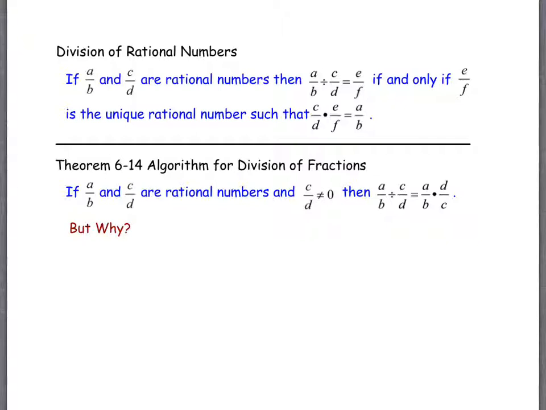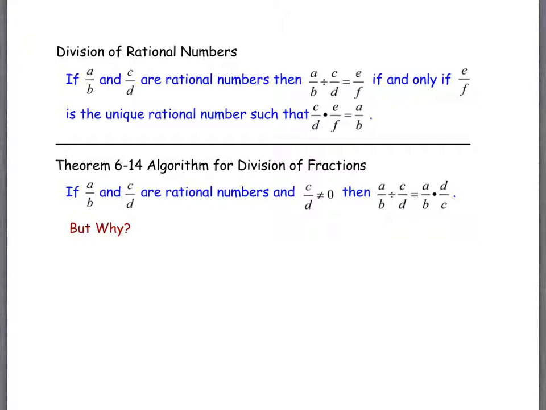Multiplication. We'll turn into division a little bit here now. Division of rational numbers. This is a funny way to define division, at least in terms of what you've remembered probably. But the division of rational numbers says the following. If you have a over b and c over d, and you want to divide the first one by the second, it is equal to e over f, if and only if e over f is a unique rational number, such that it has this equality property.